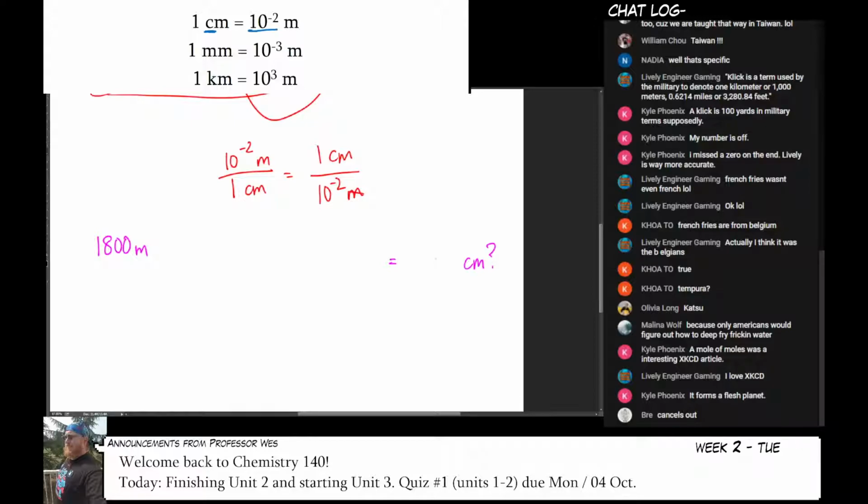How do I figure that out? Well, what I could do is multiply the number that I'm starting with by one of these terms. And if the units cancel out, leaving only the units that I want, I will know the answer to the problem. So I'm going to look at the unit on the left first, and I'm going to write it down.